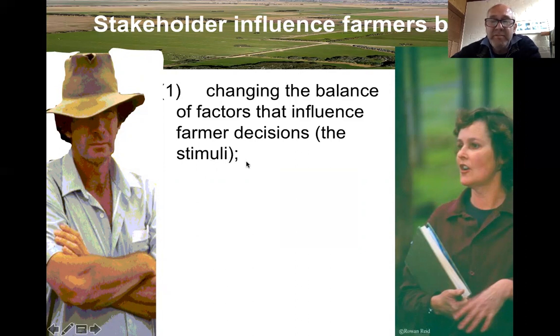If the market for timber doubles, farmers may be more interested. If the carbon price increases, that may change things. If a law comes in that farmers have to be carbon neutral in their production system, that will change. You don't have to directly work with individual farmers, but the stakeholders and government agencies can change factors that influence farmer decisions.